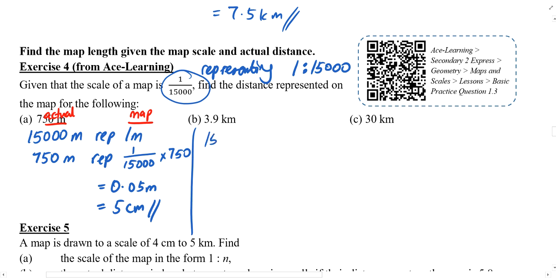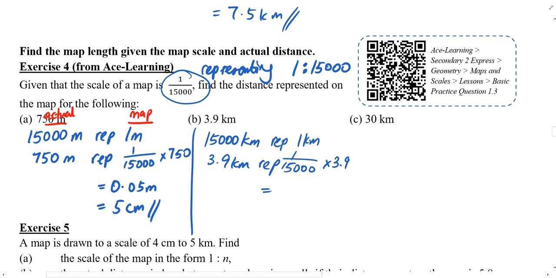Again, we've got 15,000 meters, no, kilometers now. You got to change the units if you want to. Represent 1 kilometer. So 3.9 kilometers represent 1 over 15,000 times 3.9. Okay.